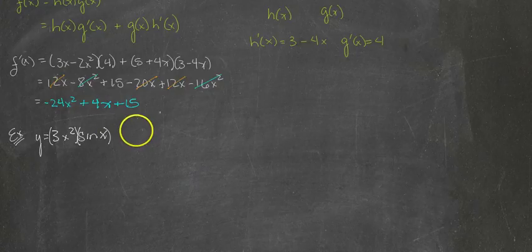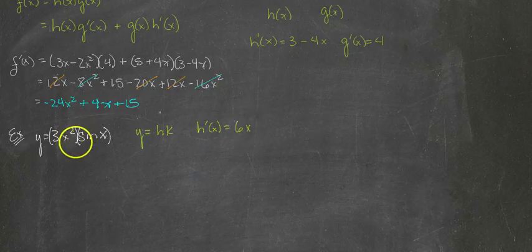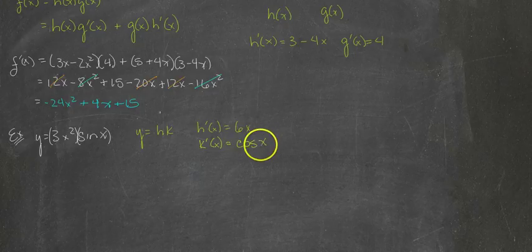So if I said that y equals h times k, then the h prime of x is 3 times 2 is 6, x to the 2 minus 1 is just to the first power. And the k prime of x, that's the sine function, is, we know this, cosine of x.